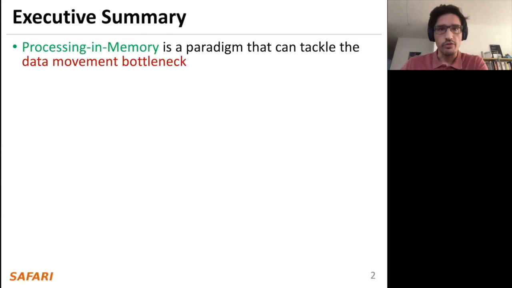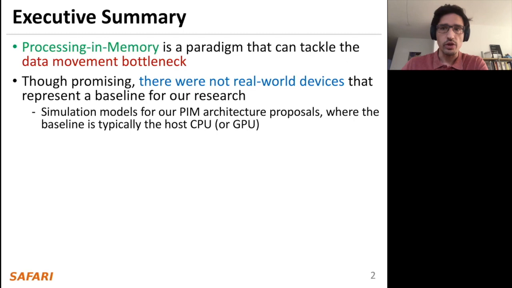All of you are already familiar with the processing in memory paradigm, which is the way that we are pushing in order to tackle the data movement bottleneck. And from Professor Mutlu's lectures, you are already familiar with the research that many people are doing and our group is also doing. One of the things that you must have noticed is that there were not yet real-world devices.